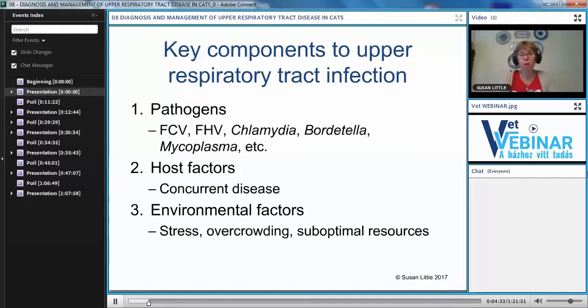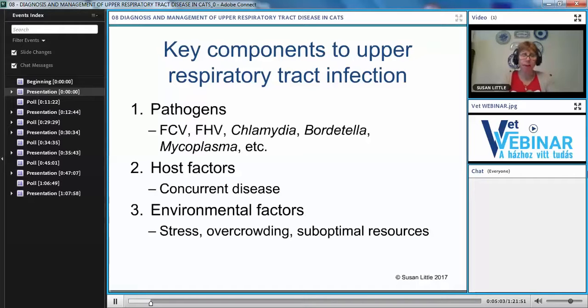And then the environment also plays a role. So we certainly see different manifestations of disease often, and different severity in situations that are very stressful. So overcrowded situations, shelters, for example, rescue situations, people that have too many cats in their homes. These are very stressful conditions for cats, and that type of chronic stress does have an impact on the cat's immune function.